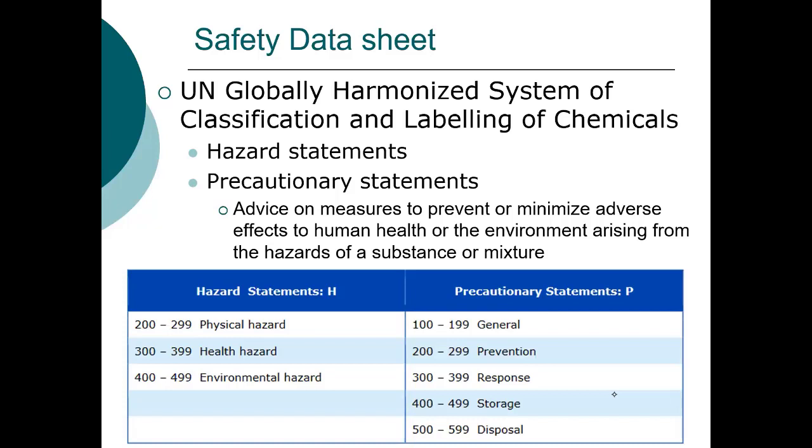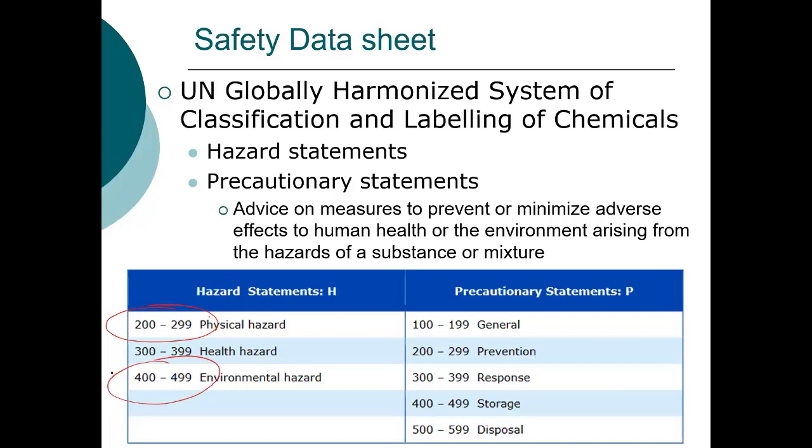If a hazard has a number between 200 to 229, that identifies the physical hazards associated with that chemical. 300 to 399, the health hazards, and then finally 400 to 499 are the environmental hazards, so the effects on ecosystem.